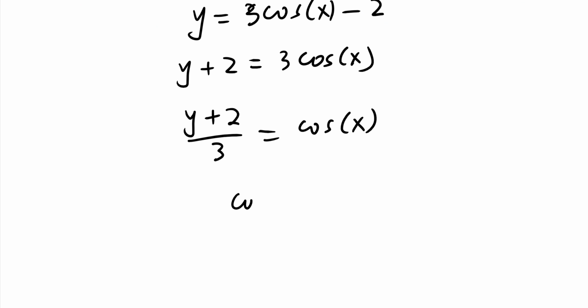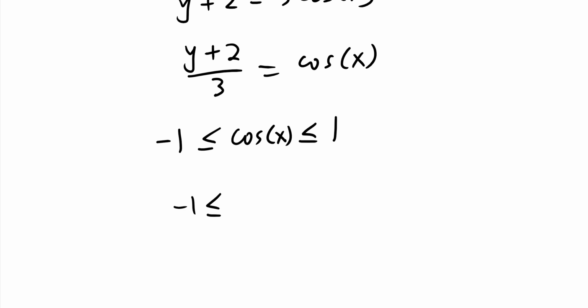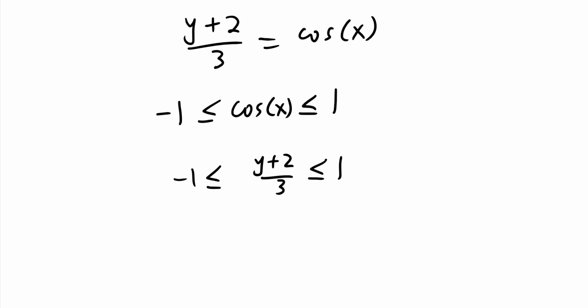We know that cosine x is always between exactly negative 1 and 1, so the graph of it is always between negative 1 and 1. But cosine x is (y plus 2) over 3 from the equation above. Now I'm going to solve for y. Multiply everything by 3: negative 3 is less than or equal to y plus 2, which is less than or equal to 3.